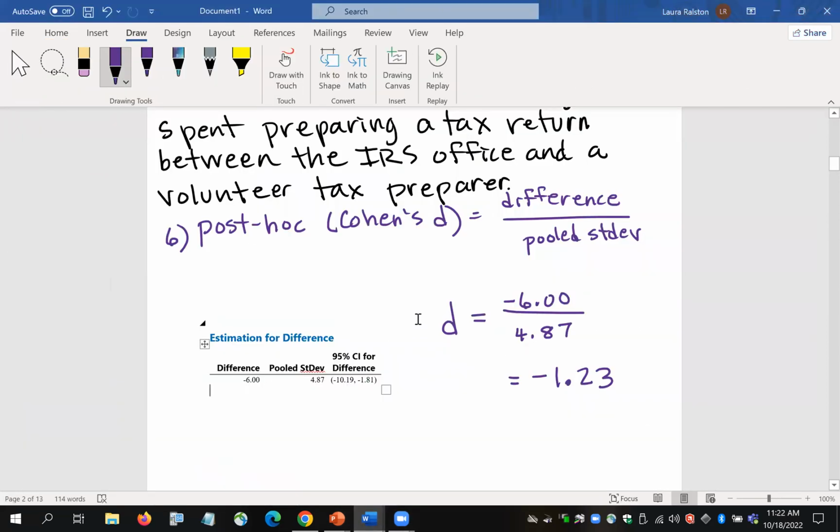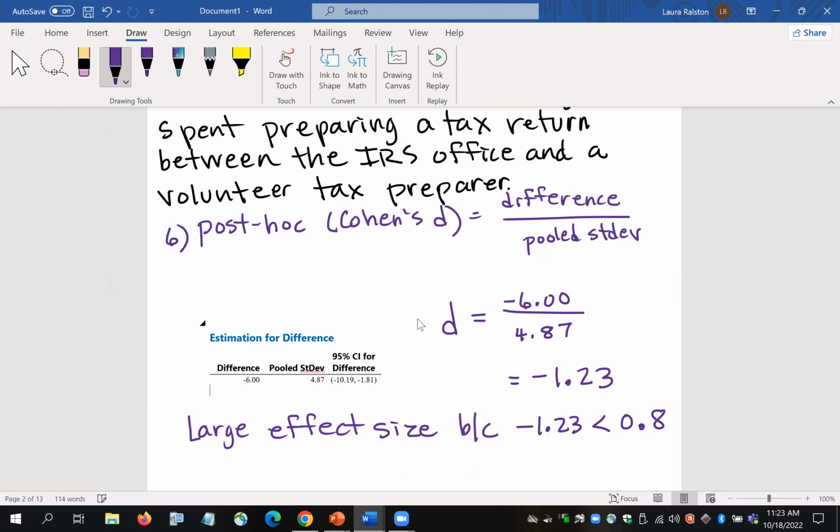Okay, so there is a large effect size, and that's because negative 1.23 is below negative 0.8. And again, remember, we have to round down. Okay, now again, that's our two mean independent t-tests, which we had discussed last week.